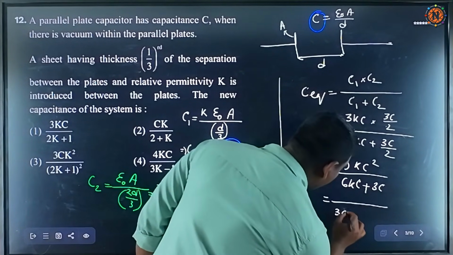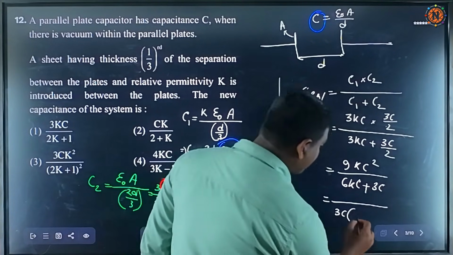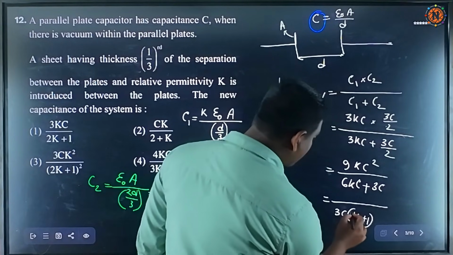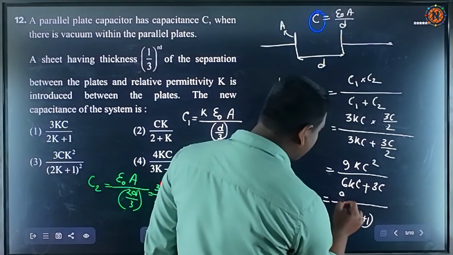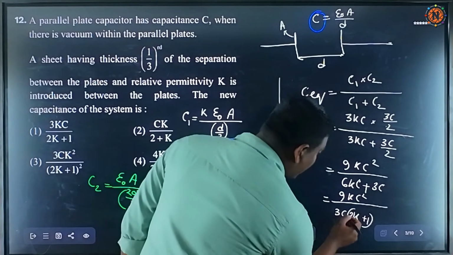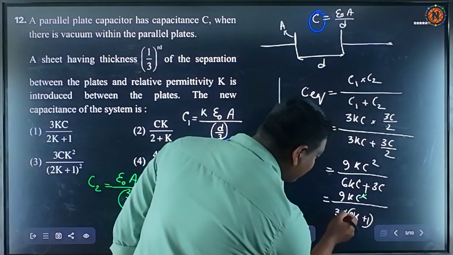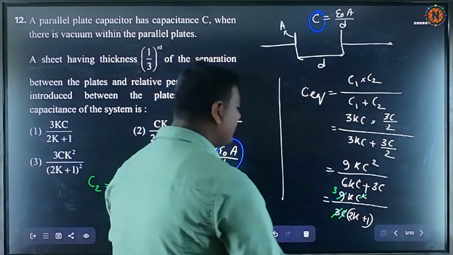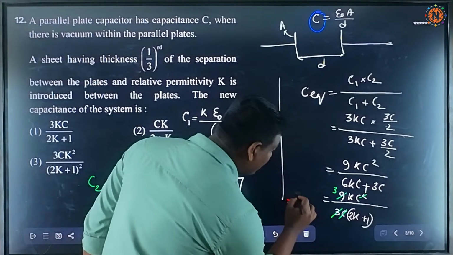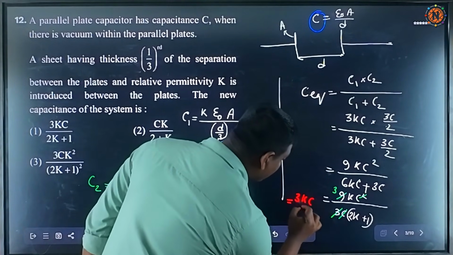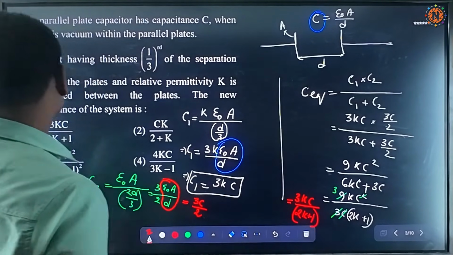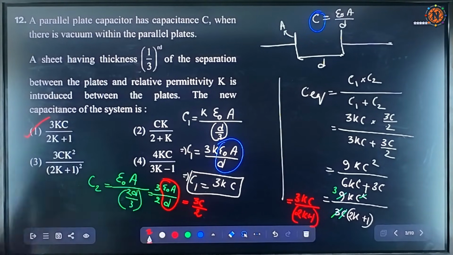We can take 3C common in the denominator, so that will be 2K plus 1, and the numerator 9KC square. One C will be cancelled, and the 3 and 9 reduce to 3. So the answer will be 3KC divided by 2K plus 1. This is the answer. So yes, option A is the correct answer.